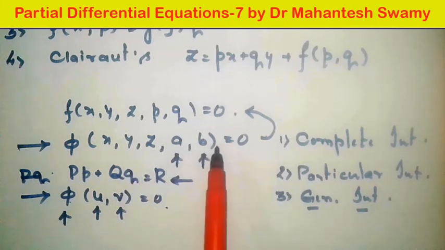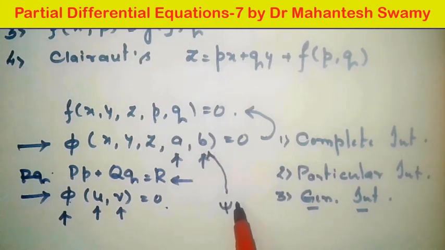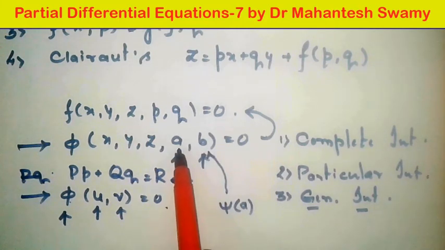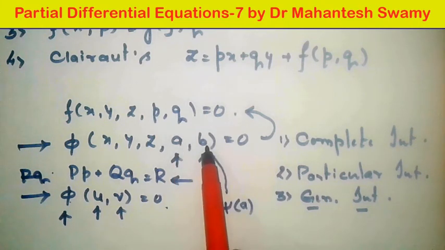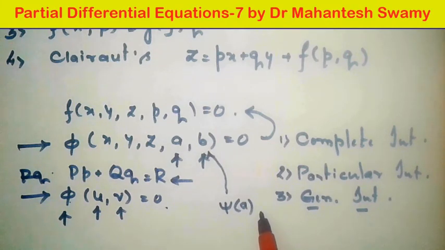In the complete integral, this b should be taken as some function psi of a. So a is one arbitrary constant, b is another arbitrary constant, and the second arbitrary constant should be taken as some function of the first arbitrary constant.